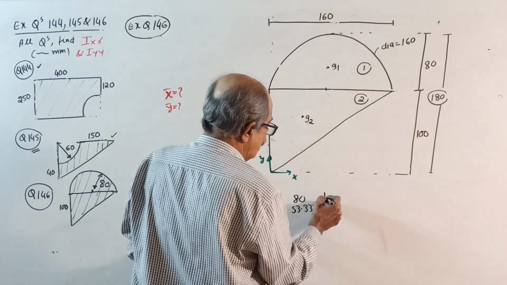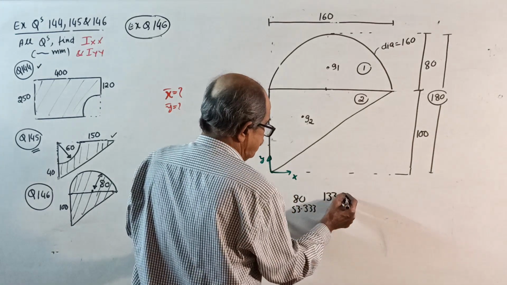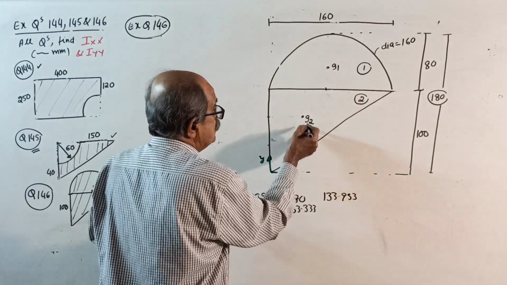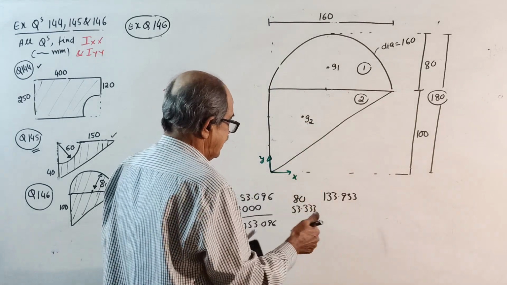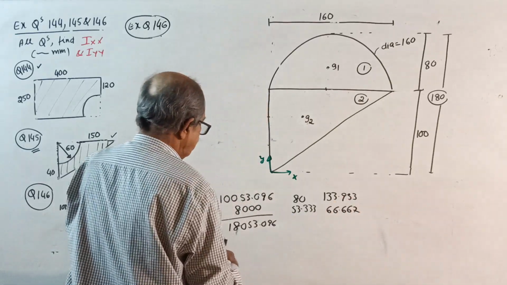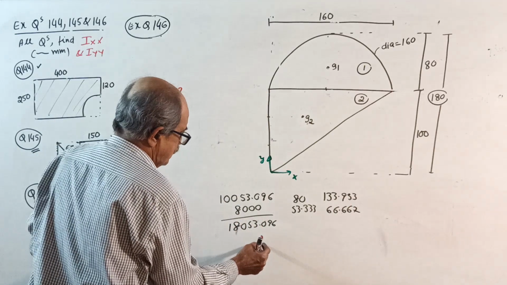First I got 103, something wrong. The correct value is 133.953. Y2 is 2/3 of 100, 66.667. With these values, you calculate correctly, you will get x bar, y bar.